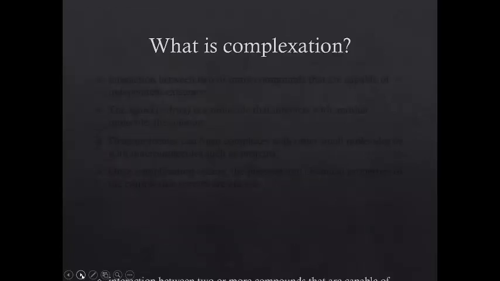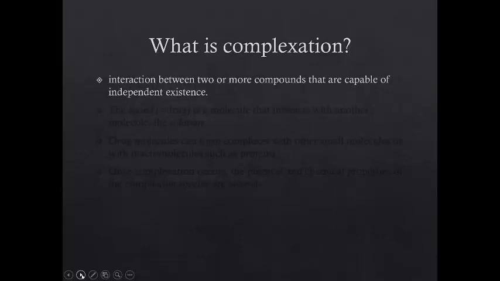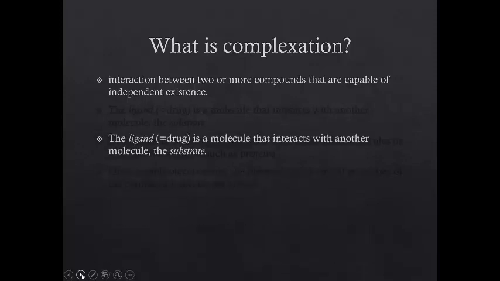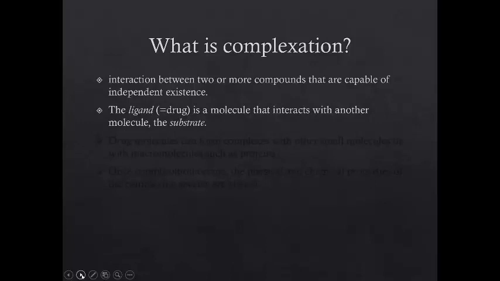So what is complexation? Well, it's just like what it sounds like. It's the interaction between at least two and maybe more, we're mostly going to be talking about two, compounds that could exist by themselves, but then they interact with each other. More generically, we would call the two compounds a ligand and a substrate.